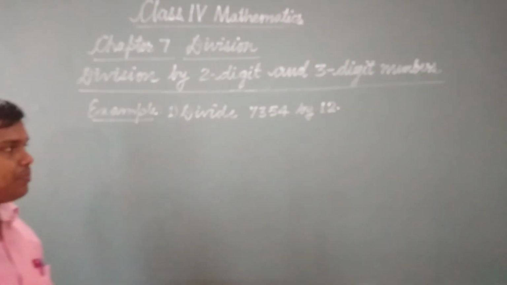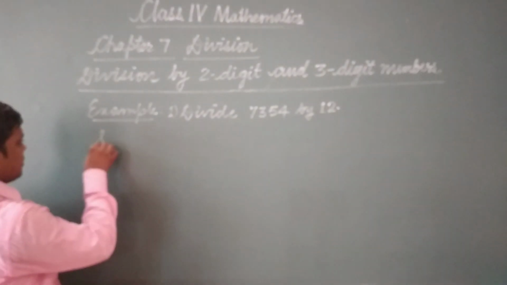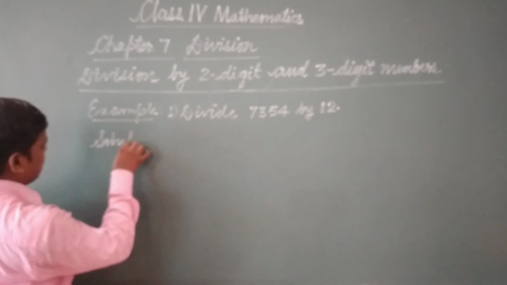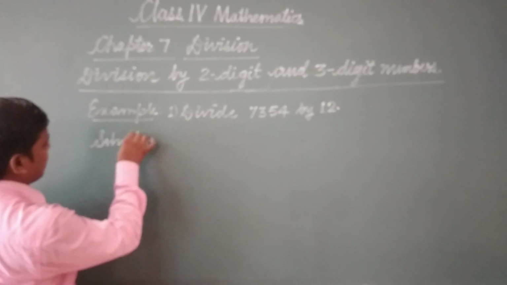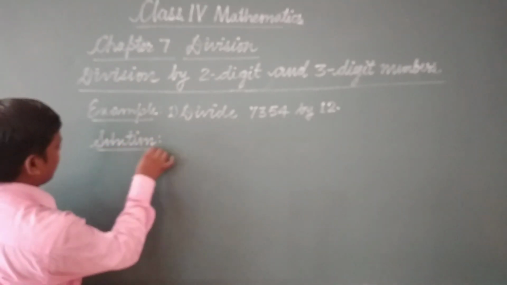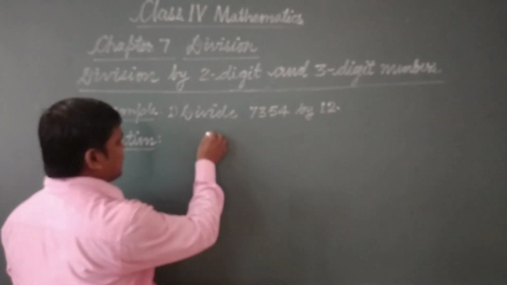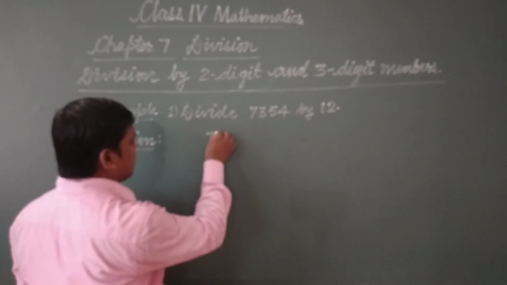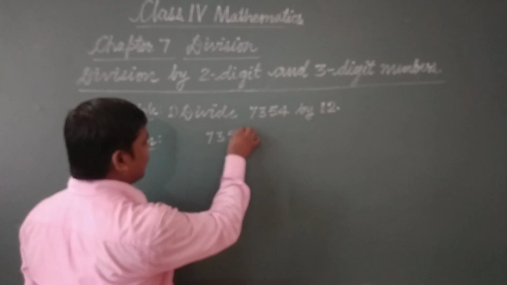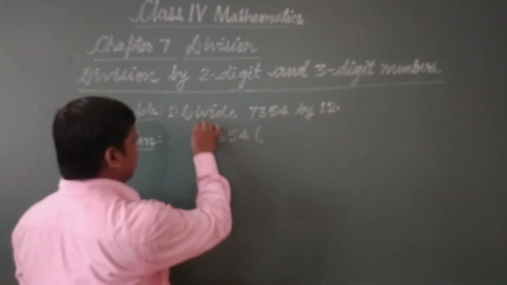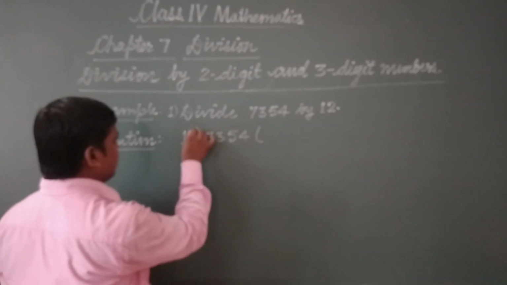Okay, so we write like this: solution, seven thousand 354 divided by 12.